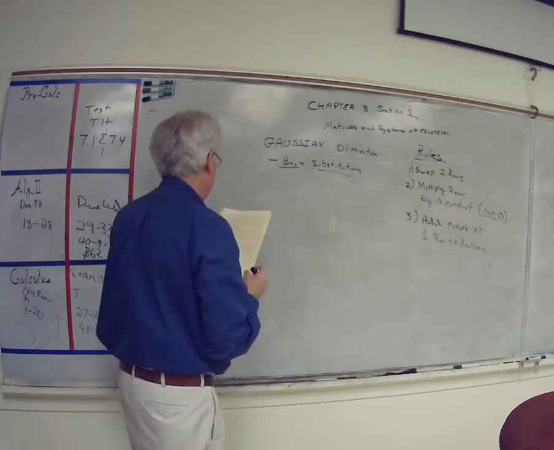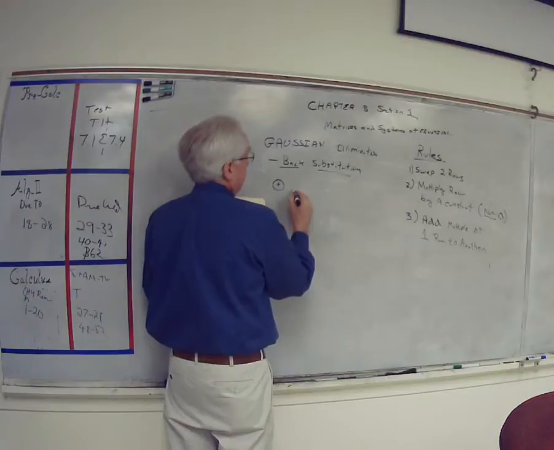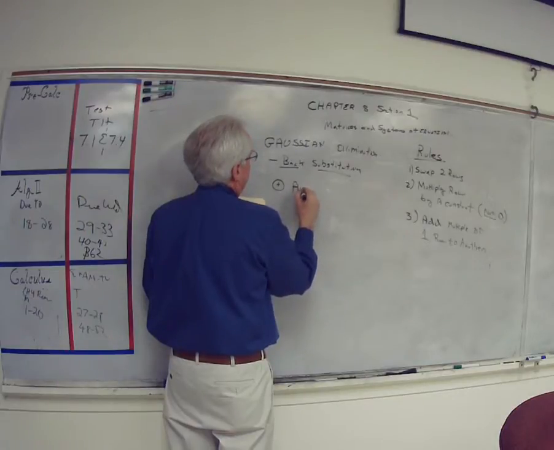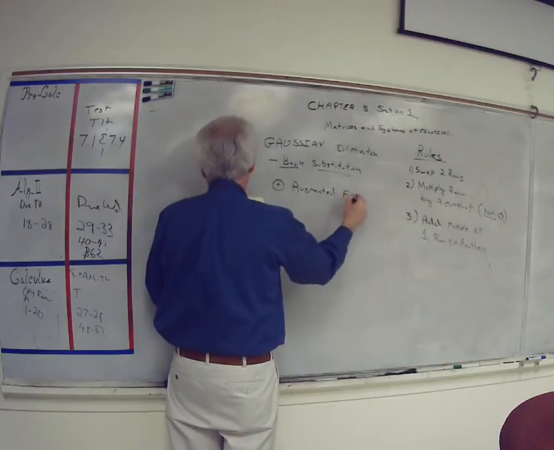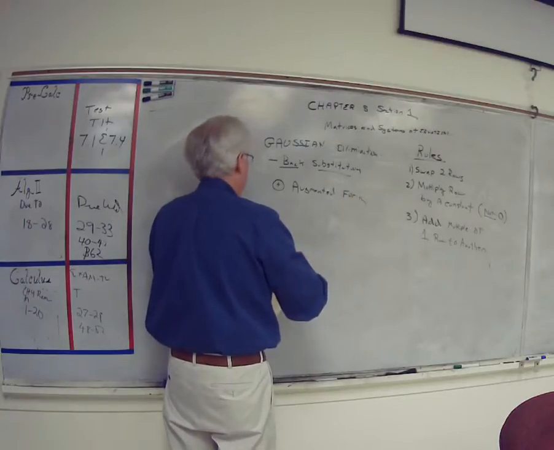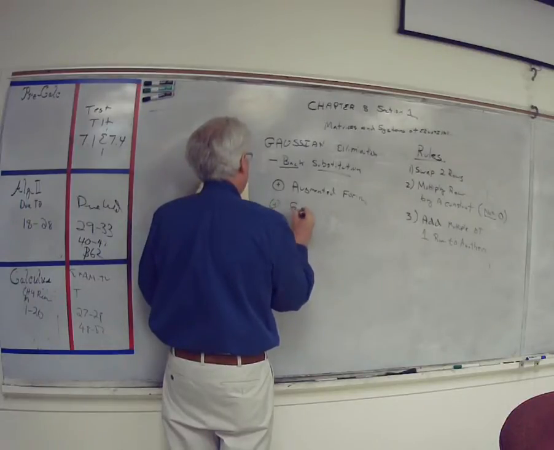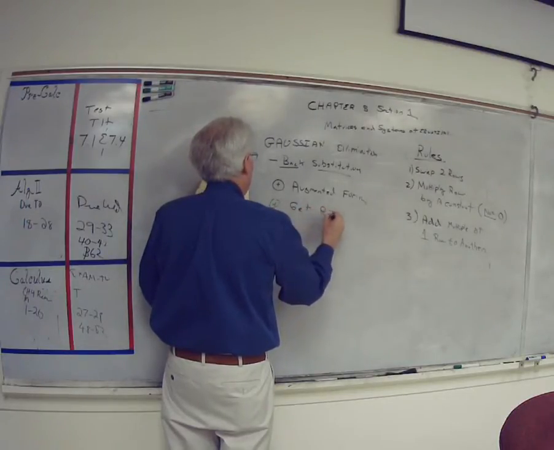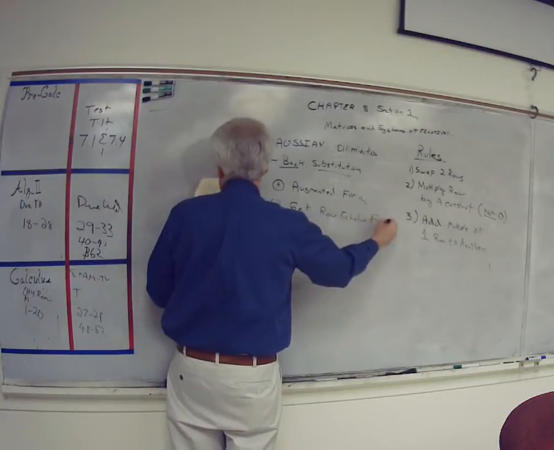Okay, what you want to do is, first of all, put it in what form? What type of matrix? It starts with the A word. Augmented. Thank you. Put it in augmented form. And then you want to get it in row echelon form, and I'll show you what that is.